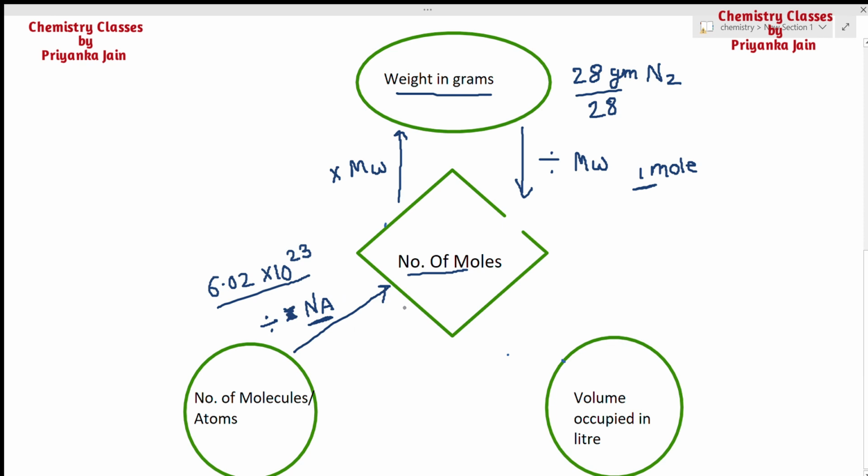But if you have to find the number of molecules, then you multiply by the Avogadro number, right?